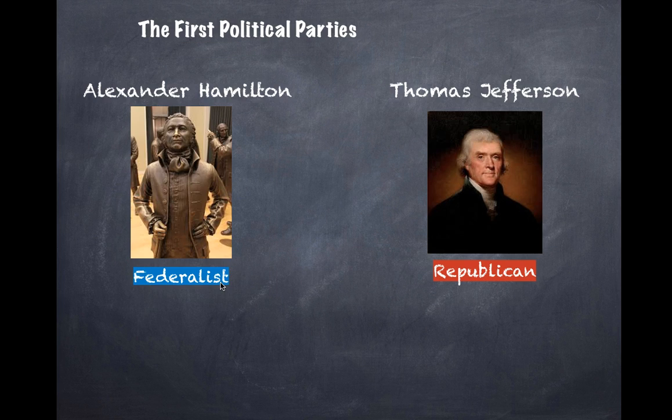Now this started right away in the first administration of George Washington. Alexander Hamilton was part of the presidential cabinet. In other words, George Washington's group of advisors. The advisors to the president are the cabinet. Alexander Hamilton was the Secretary of the Treasury.